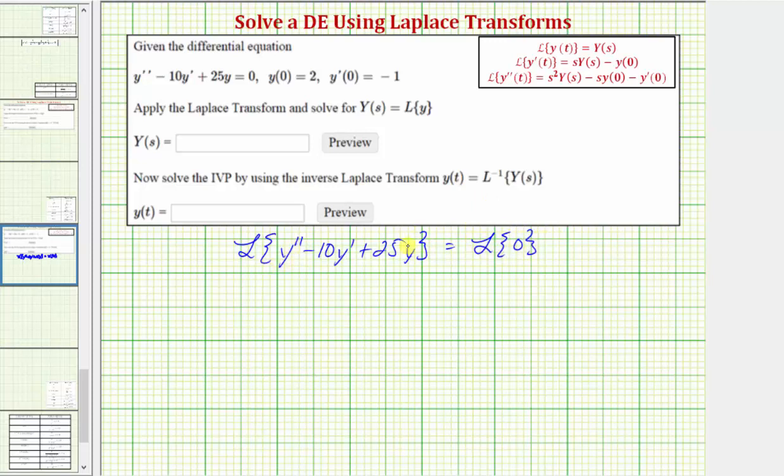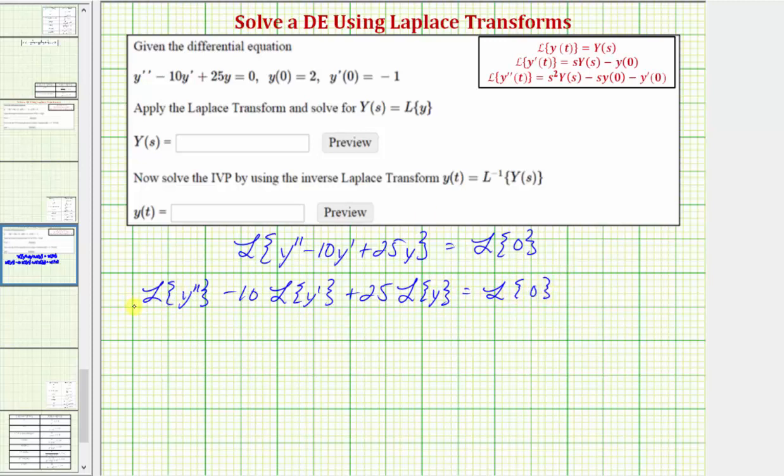And now we use linearity, or the properties of Laplace transforms, and rewrite the left side. We'll write the left side as the Laplace transform of y double prime minus 10 times the Laplace transform of y prime plus 25 times the Laplace transform of y equals the Laplace transform of 0.